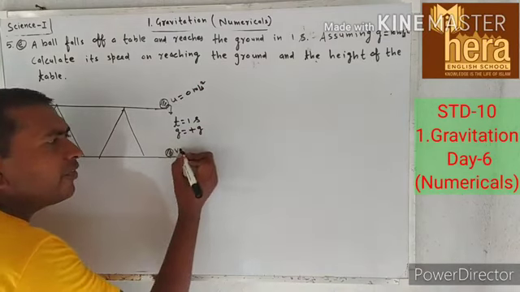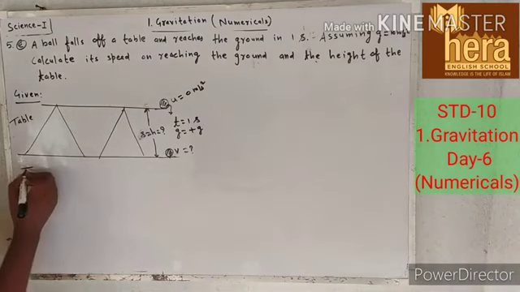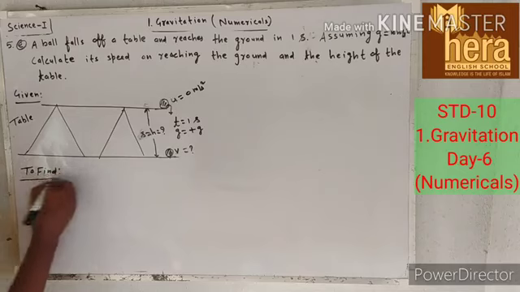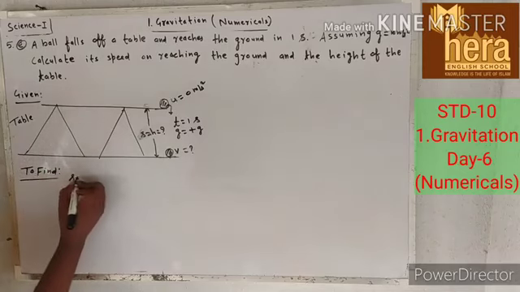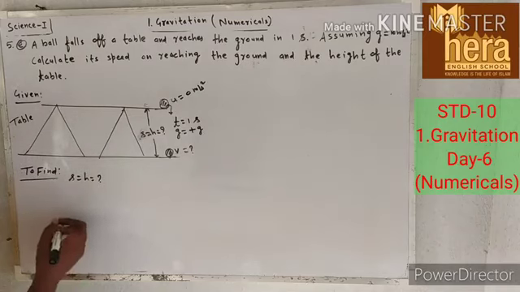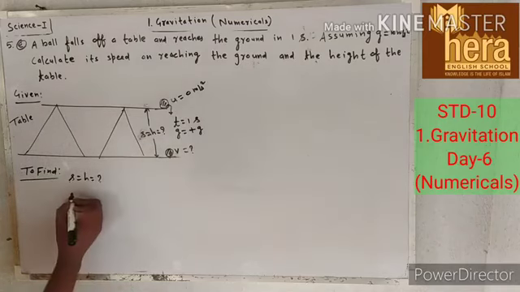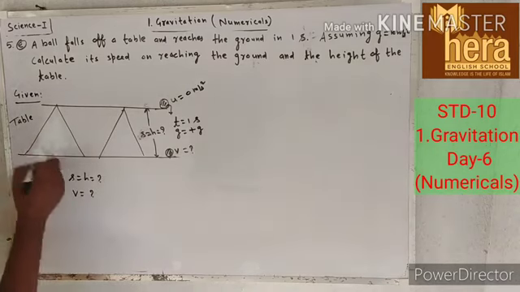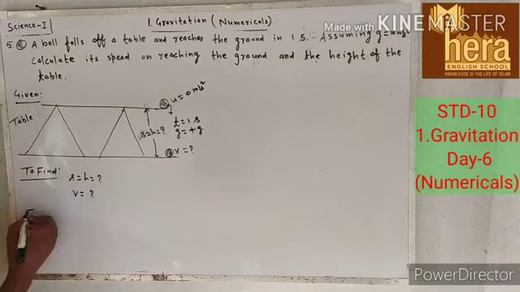This we have to find. Given, to find: S is equal to H is equal to question mark and V final velocity is equal to question mark. Okay. Given, to find, then formula used.